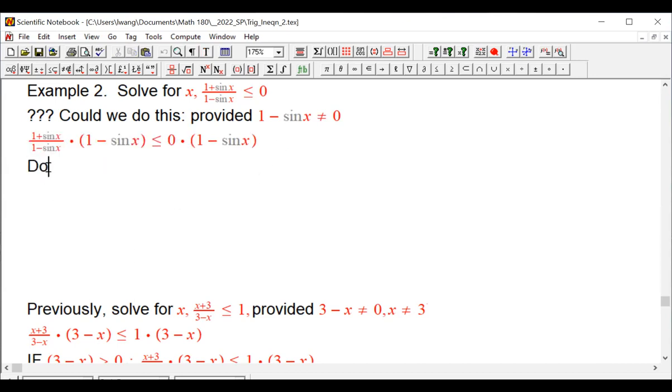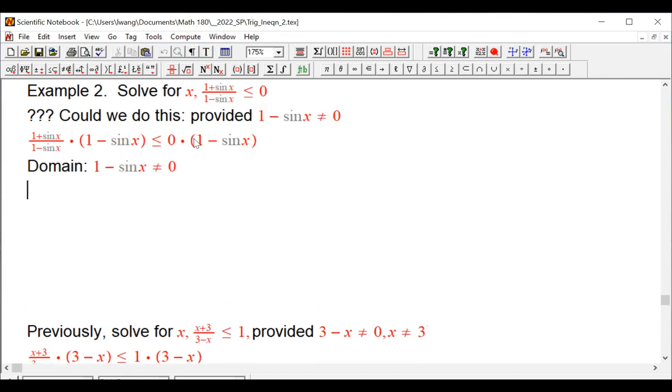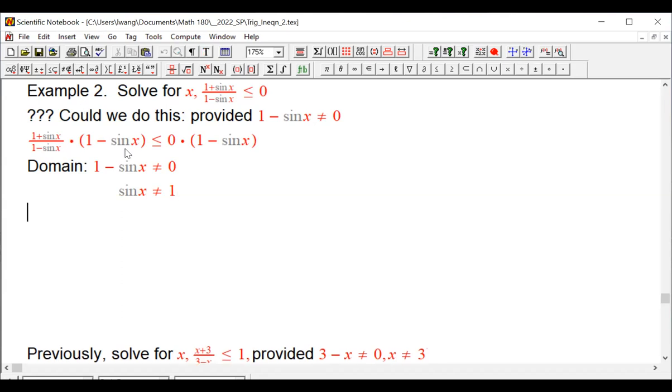The domain would be: 1 minus sine x cannot be 0, that is, sine x cannot be 1. Sine pi over 2 equals 1. Sine of pi over 2 plus 2k pi equals 1.